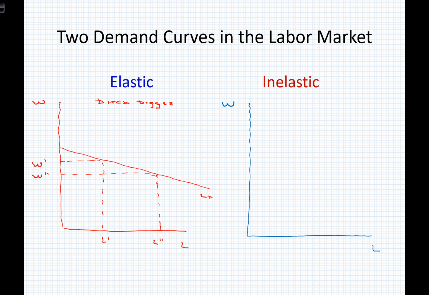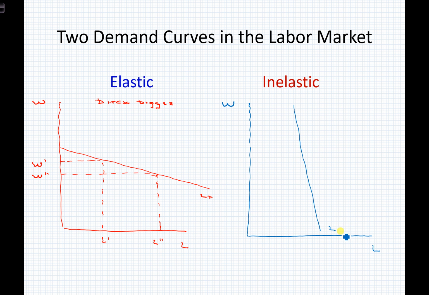I don't want somebody that is waiting tables. I don't want an engineer. I want a brain surgeon. Well, if that's the case, then we're looking probably at a relatively steep labor demand curve. In fact, it might even be very steep along these lines. It's still downward sloping. This isn't perfectly vertical, just as this one wasn't perfectly horizontal. In fact, it's not even horizontal at all.